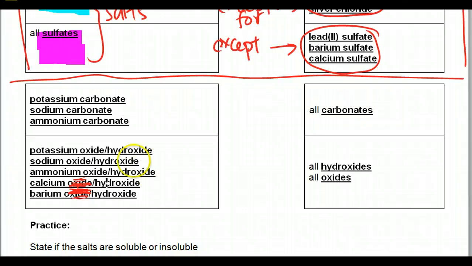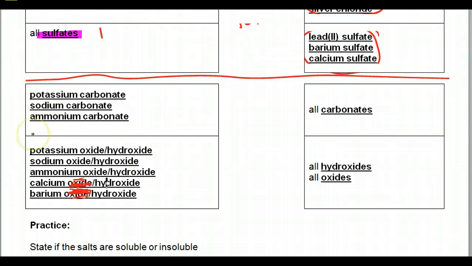So now, all carbonates are insoluble except, if you look at it carefully, SPA: sodium, potassium, ammonium.